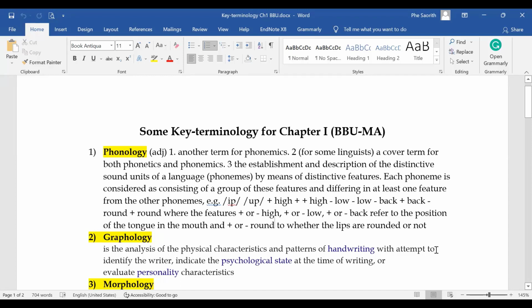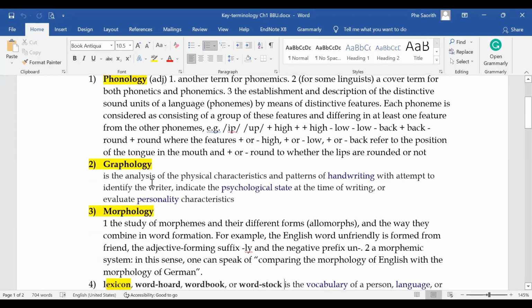How about graphology? Can you see? It is the analysis of the physical characteristics and patterns of handwriting, with an attempt to identify the writer, indicate the psychological state at the time of writing, and evaluate personality characteristics.